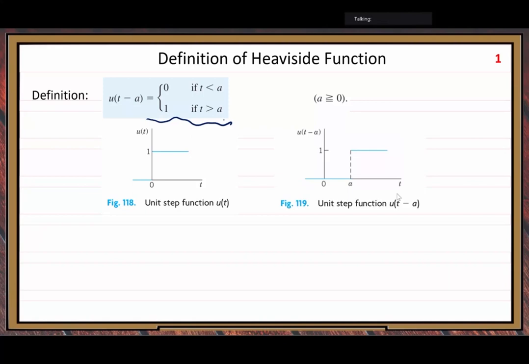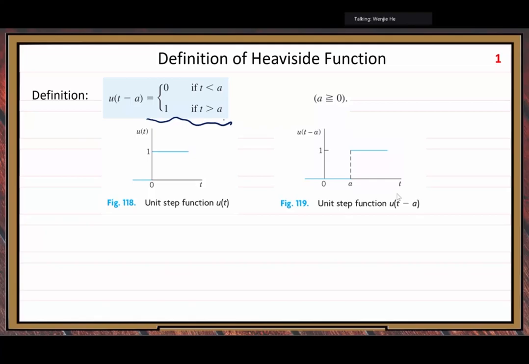Then for arbitrary a, we first need to see u of t minus a. The starting point of the second piece is at the point a.